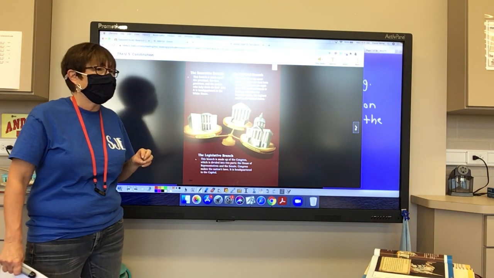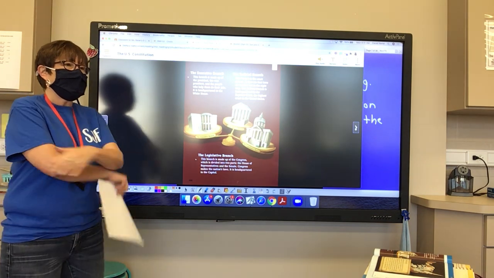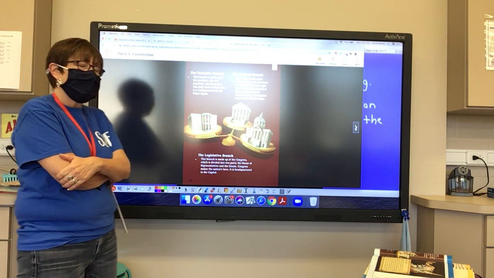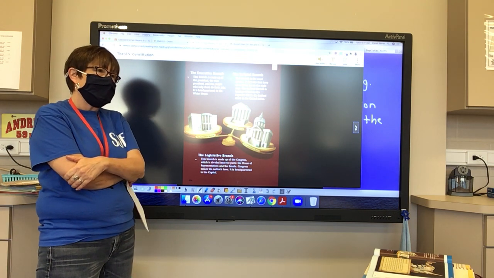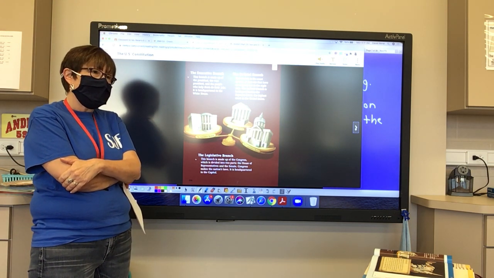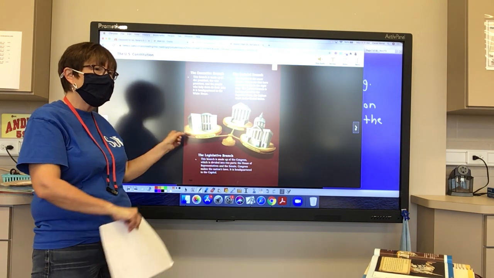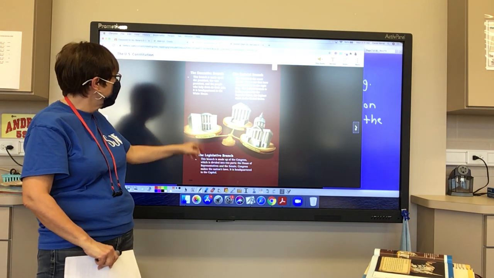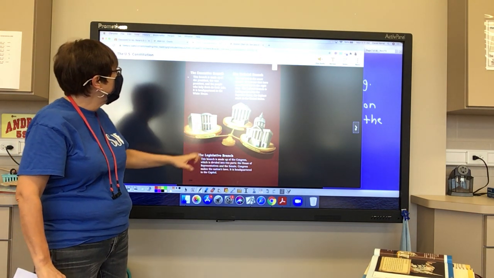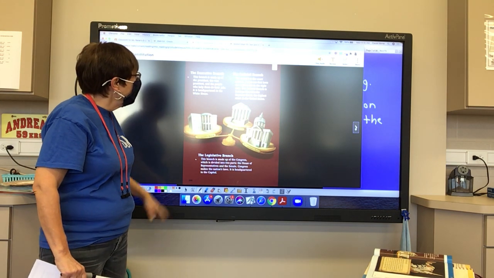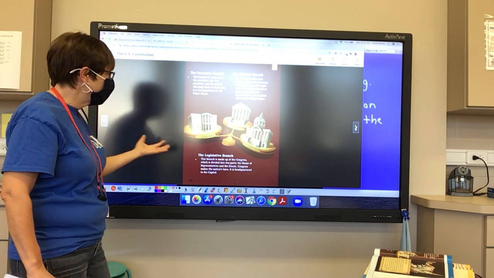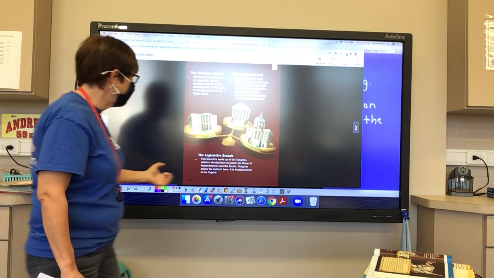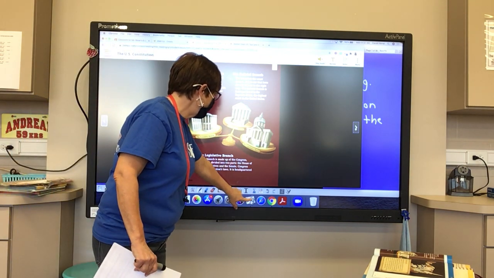Because if they don't show us the pictures, we're not going to know where it is and what it looks like. Yeah, what these buildings look like, right? So now we get to see what the White House looks like, what the Supreme Court looks like, what the Capitol building looks like. Very good. So now we know what those buildings look like. Very nice.